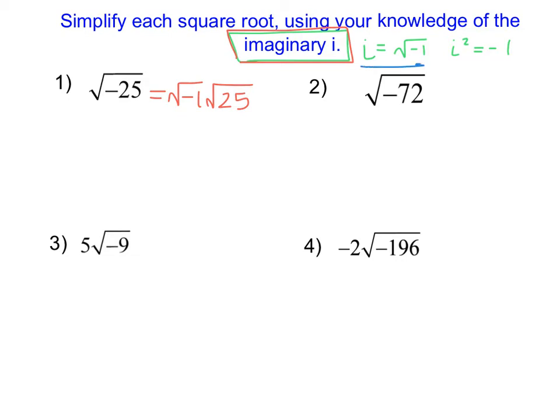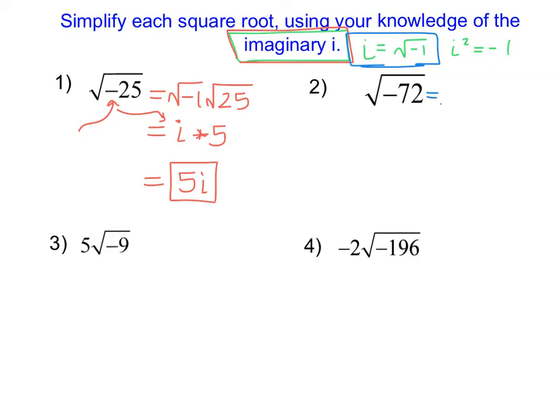I know that i is equal to the square root of negative 1, so this is an equivalent way of saying i, and then the square root of 25 is 5. So my final answer here would be written as 5i. So notice that this negative underneath the root is basically guaranteeing that you're going to have an i in your final result.